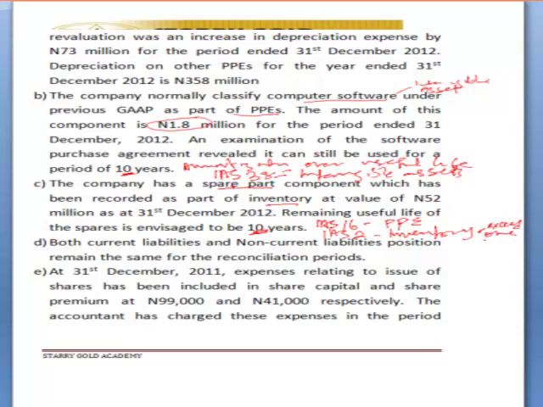So what it means is it has a shorter lifespan.